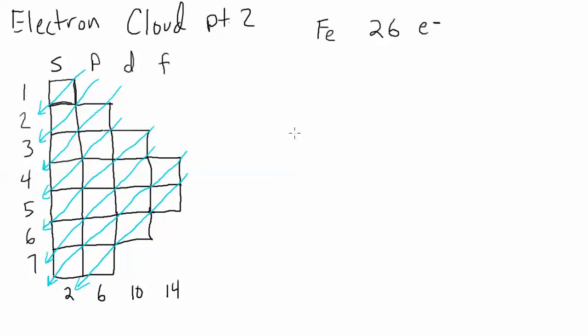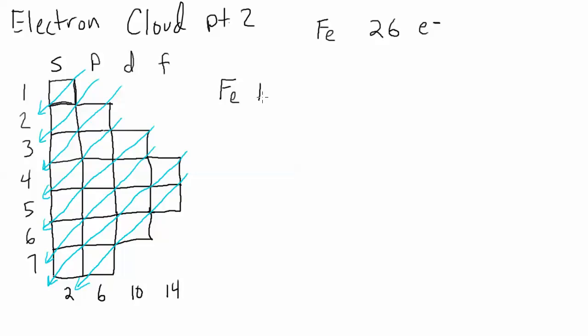And instead of drawing all the arrows like I did for the boron example, I'm going to show you another way to write out the configuration of a specific atom's electron cloud. So again, this is iron, so we're going to put Fe to start off. And then the first sublevel that receives electrons is 1s according to our grid.